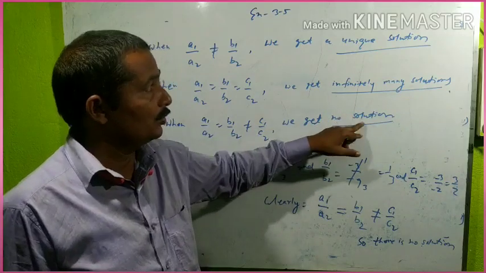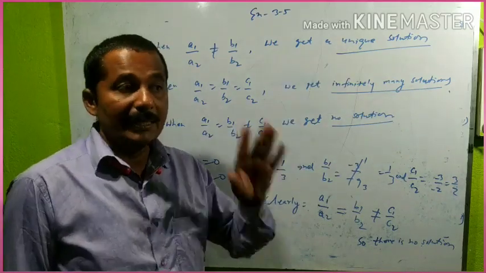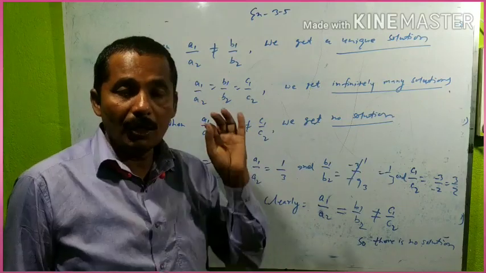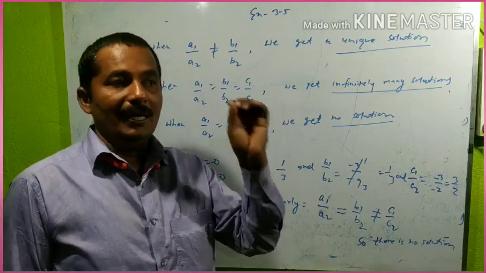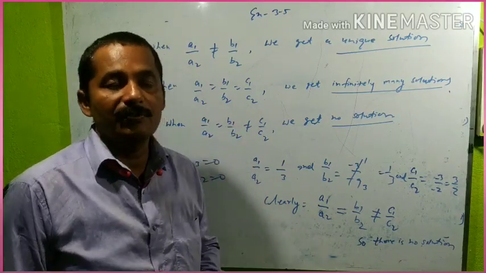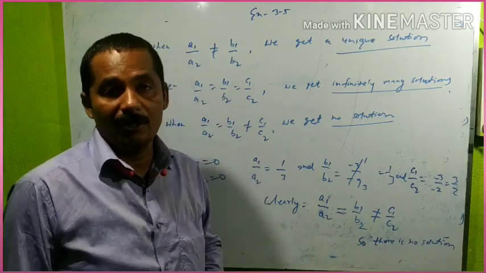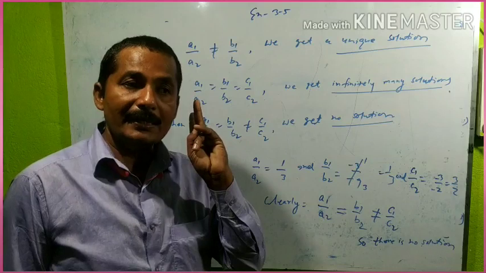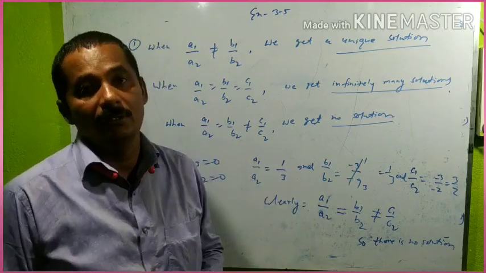And third one, no solution. Unique solution means if there is only one value of x and only one value of y which will satisfy the given pair of linear equation. Only exactly one value of x and one value of y.